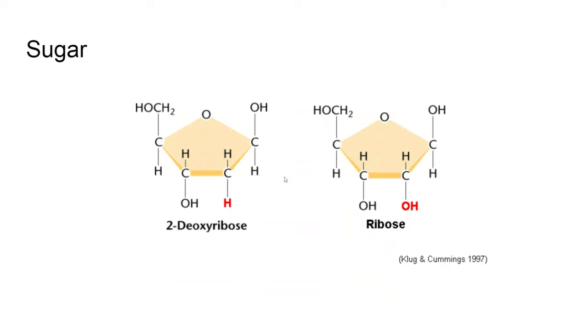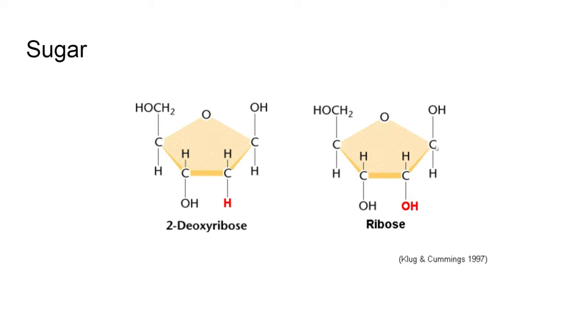Now for this sugar group, there's ribose and deoxyribose. This is mainly differentiated by the oxygen, where the ribose will have this oxygen, but the deoxyribose will not have the oxygen. Another important thing is when naming the sugar carbons.